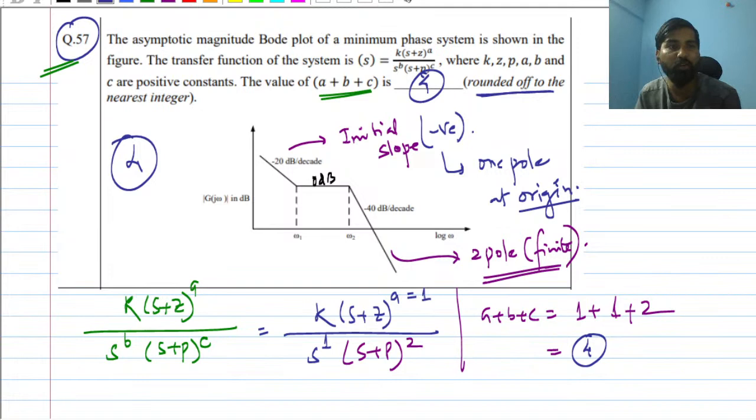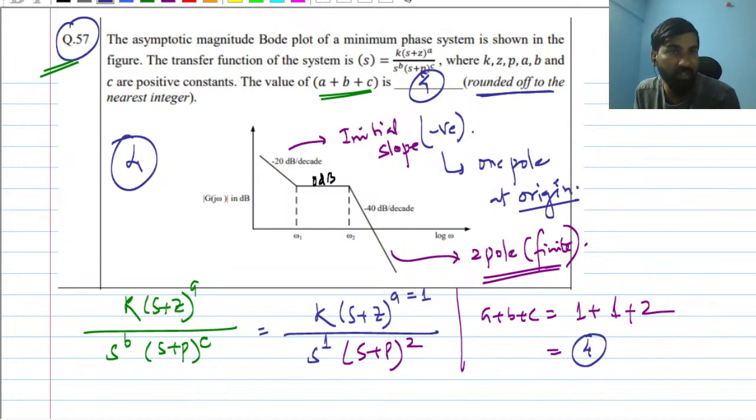Whenever a BODE plot is given, always focus on the initial slope and how the slope is changing because of finite poles and finite zeros, and zero or pole at origin. You will get the initial slope from a pole at origin or a zero at origin.